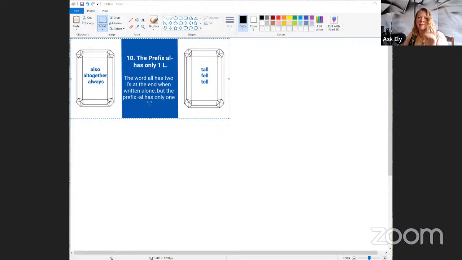So ALL, all, would be tall, ELL, fell, TOL, toll, okay? But if the L is at the beginning, it's 1. So also, 1 L. All together, 1 L. Always, 1 L. So if it's in the beginning, the prefix, it's 1 L.